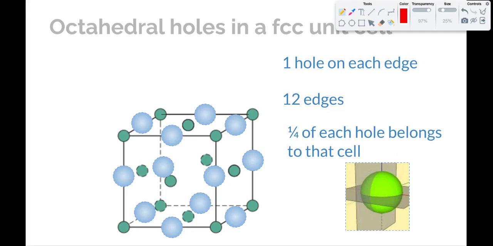So there's 12 edges, that means 12 holes, but it only gets a quarter of each hole, so 12 divided by 4 is 3. So that means on the edges, the edge holes, the octahedral, the face-centered cubic unit cell only gets 3 of them. And then there was 1 in the center, so that leaves you a total of 4 octahedral holes per unit cell in a face-centered cubic.